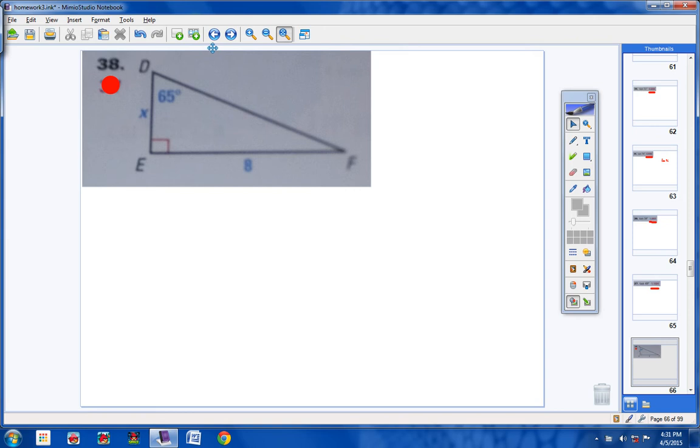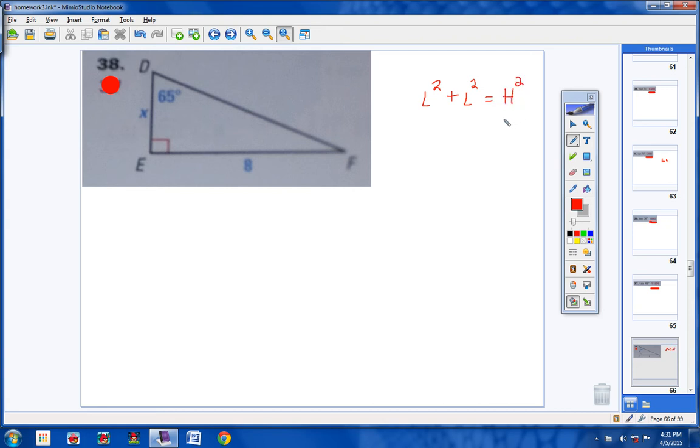Alright, numbers 38 through 40, find the value of x to the nearest tenth. Now, students, if you will listen to me carefully, I will help you learn how to do this quickly. Whenever you're given a right triangle, the best way to find a missing side is to use Pythagorean's theorem. It is easy. You make substitutions, use your calculator, and you're home free.